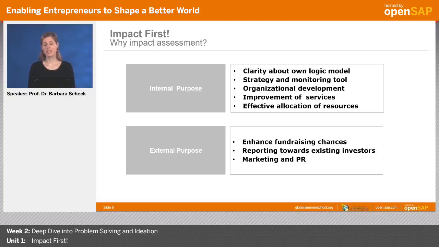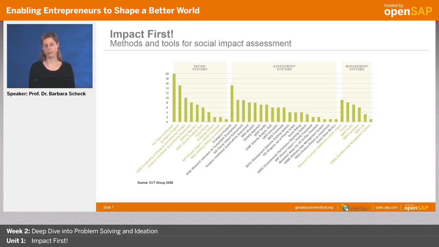In order to assess the impacts and outcomes, a variety of methods and tools has been developed. It all started roughly 20 years ago with so-called rating systems. So third parties observing, assessing your organization and your activities and determining the impacts that you have achieved. It then developed towards so-called assessment systems, so tools and methods with which social enterprises can themselves quantify or even monetize the impacts that they have achieved.